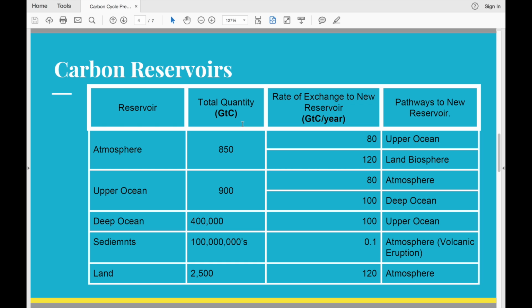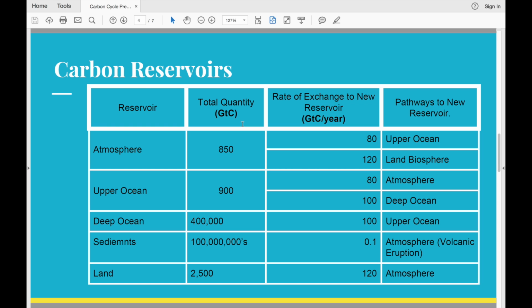So for the atmosphere, there's a total of 850 gigatons, and if it's going to the upper ocean, it will take about 80 years to cycle through that, and if it's going to the land biosphere, it's going to take 120 years for a gigaton to go into the land biosphere.